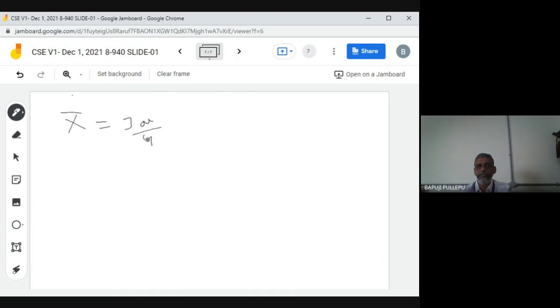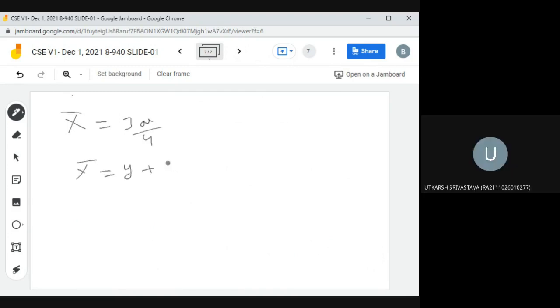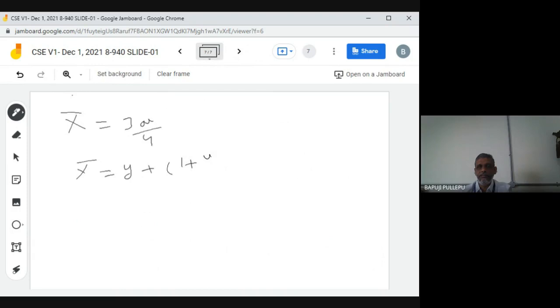Keep one side. Okay. Now I am going for y bar. What is my y bar? y plus 1 plus y1 square upon y2. Keep in mind, we already prepared some values. So this is y equal to what?